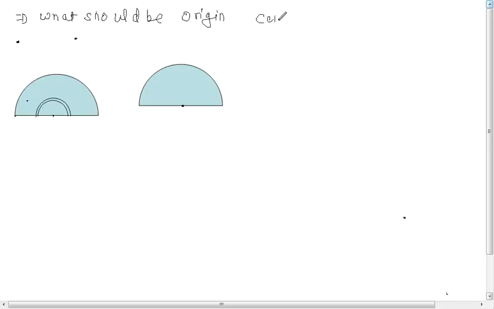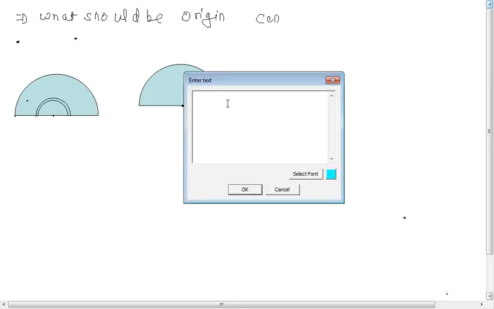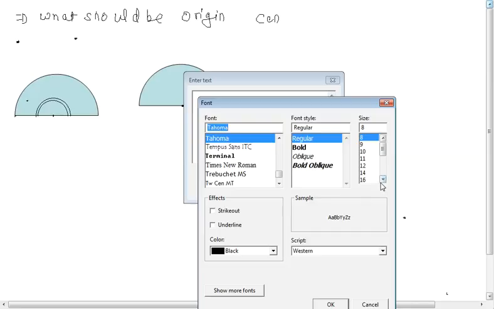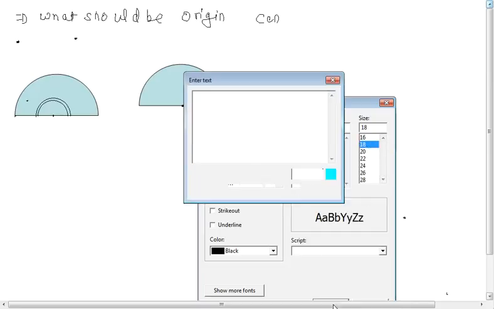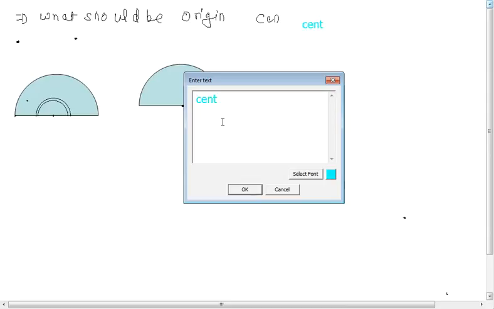Let me write it down. Center of mass is basically a coordinate of a point.